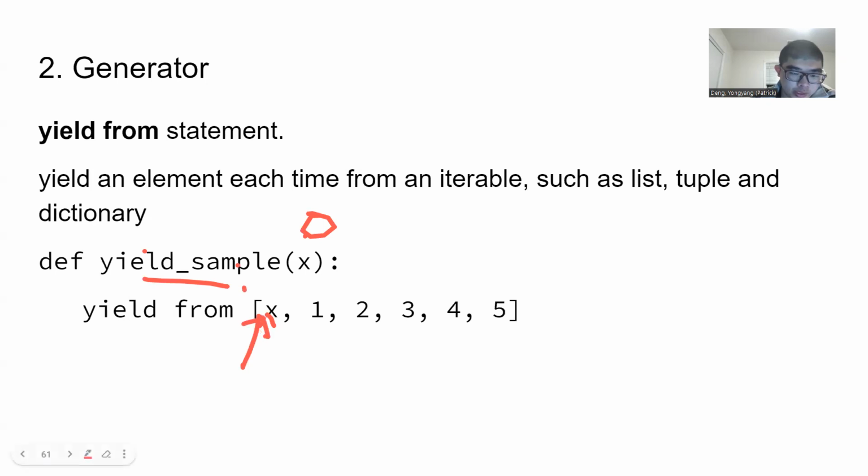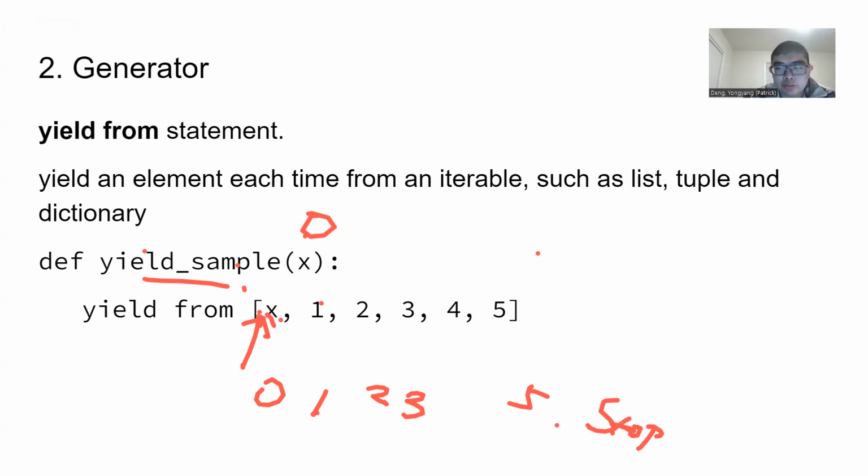I will start from here, and the first time you call me, I return 0. Second time you call me, return 1, 2, 3, all the way down to 5, and then stop iteration. So yield from an iterable is actually the same as an iterator, but it's more like in a function type.